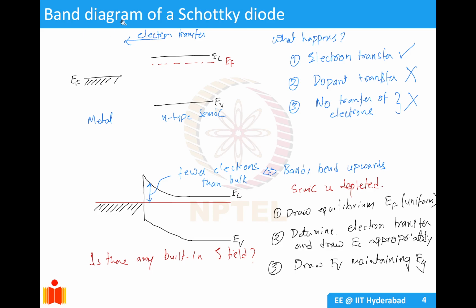With respect to the vacuum level, we are drawing these values, and hence we are looking at which one is lower and which one is upper. So what will happen when the Fermi level is lower for the metal versus the semiconductor, and the semiconductor is n type?